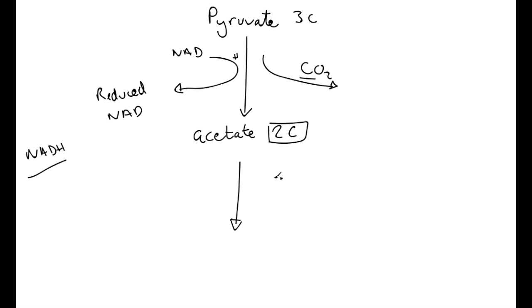An enzyme called coenzyme A, written like this, comes in and attaches to this acetate, which makes the molecule acetyl coenzyme A. Acetyl coenzyme A. And that is also 2 carbon. Basically, this coenzyme A just jumps on it and holds it together again, and that's it. That's the whole of the link reaction.